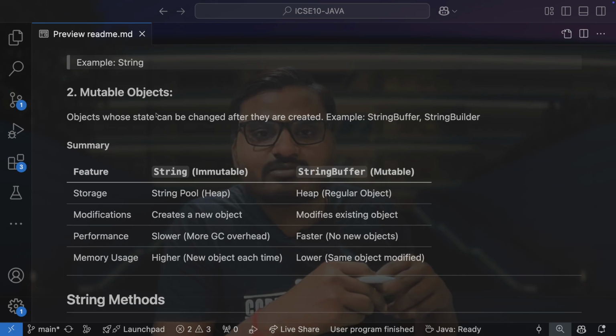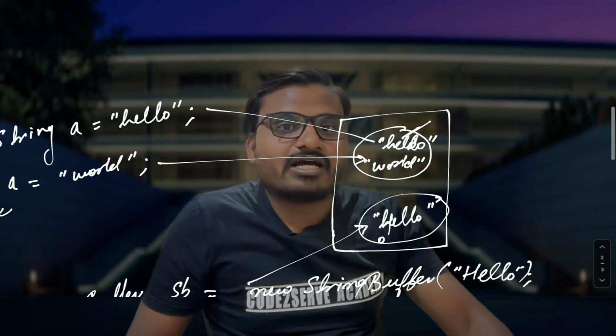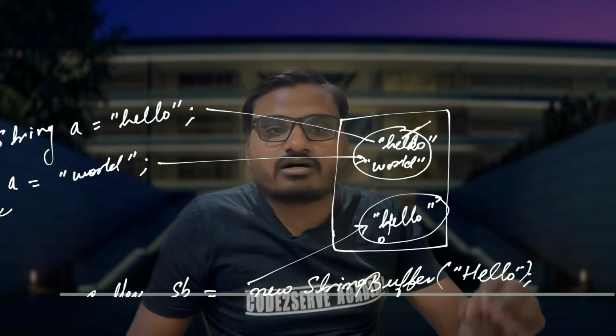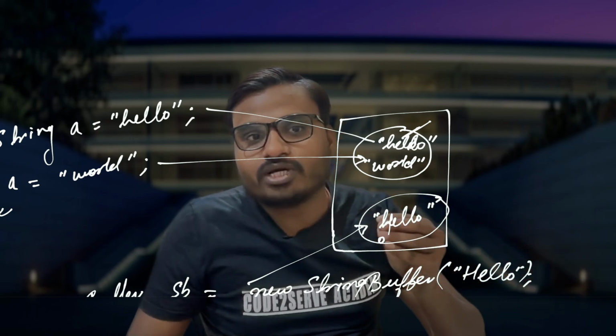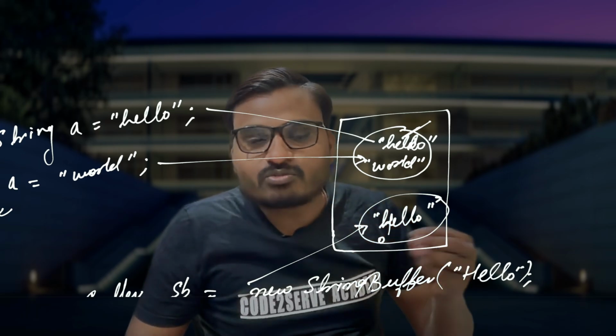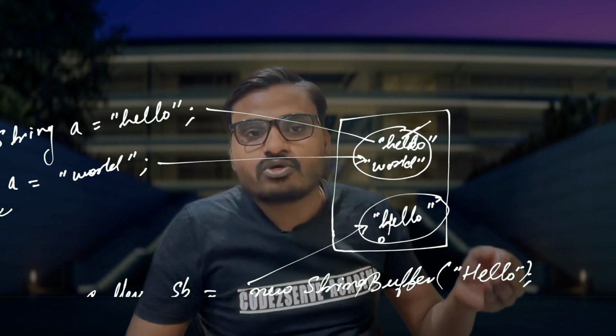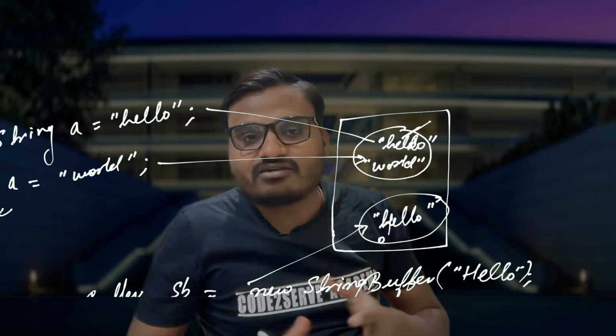As I already mentioned, suppose a was pointing to hello, and the next time we say a is pointing to world. Now suppose these were created using object. So what happens when you change the value?